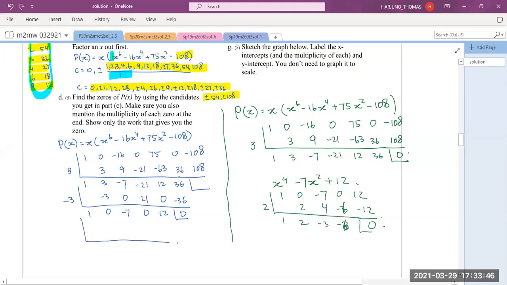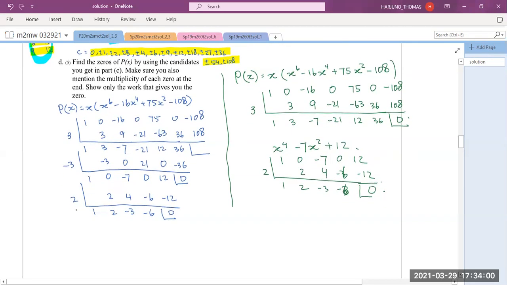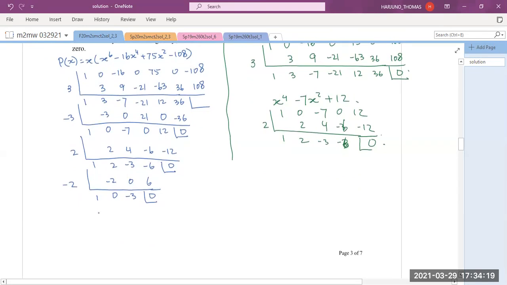And again, because 2 is a 0, negative 2 must also be a 0, because it's an odd function, remember? Now at this point, we already have degree 2, and that is actually x squared minus 3.